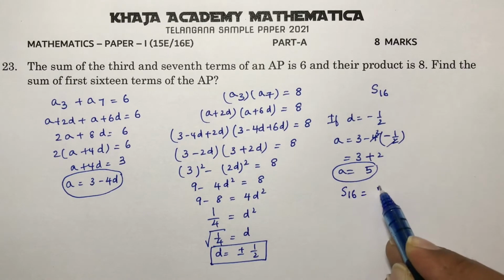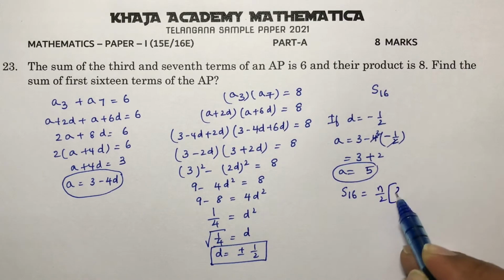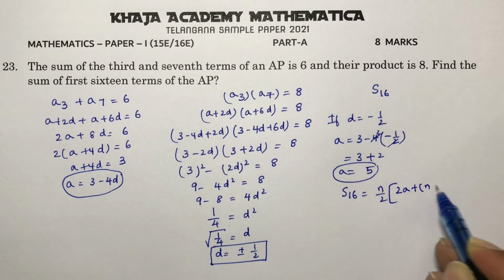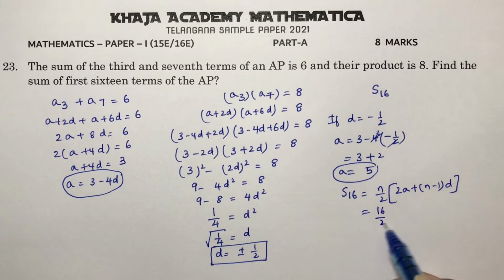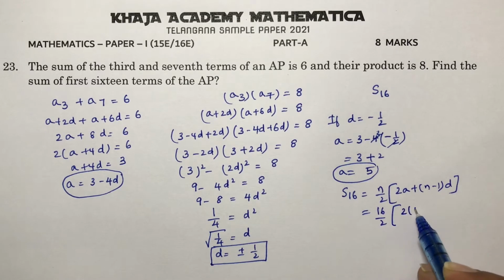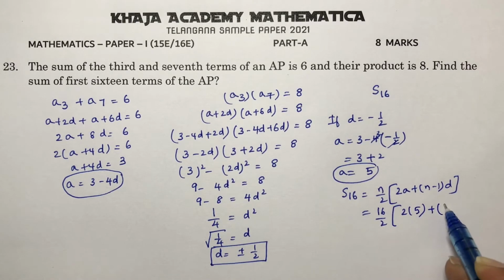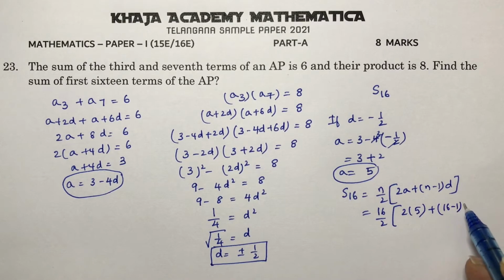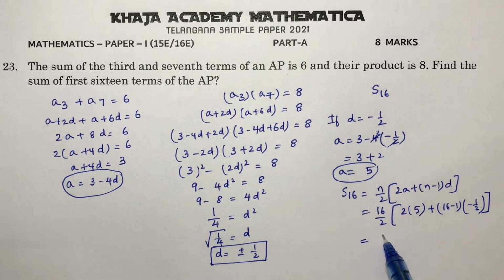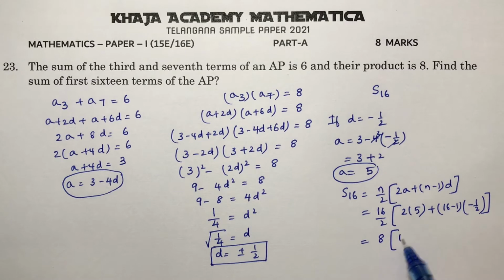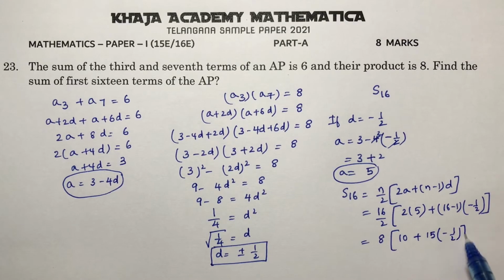S16 formula is n by 2 into 2A plus n minus 1 into D. So 16 by 2 into 2A, where A is 5, n is 16, minus 1, D is minus 1 by 2. 8 into 2 times 5, 10, plus 15 into minus 1 by 2.